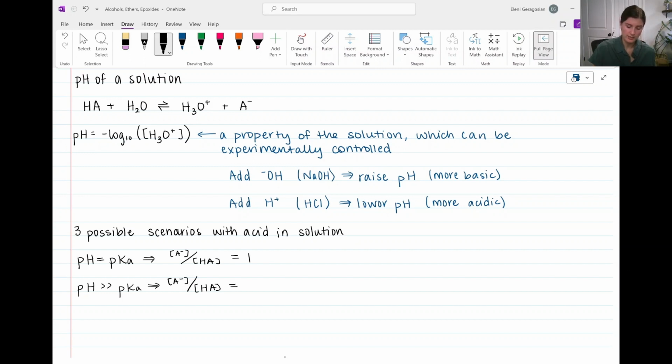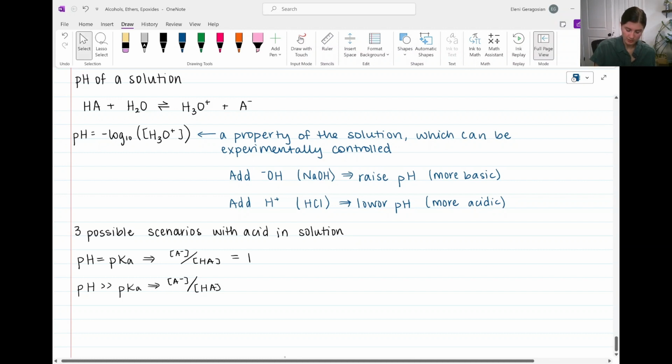So this ratio of A minus to HA will be greater than 1.